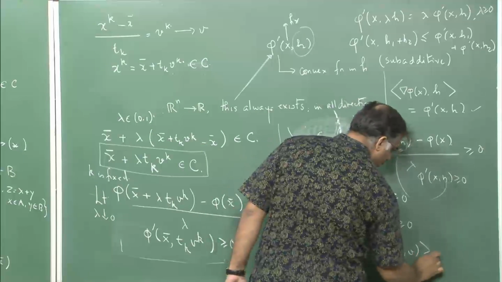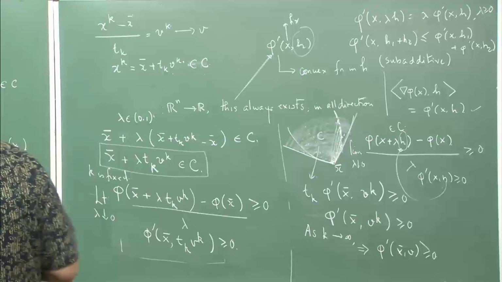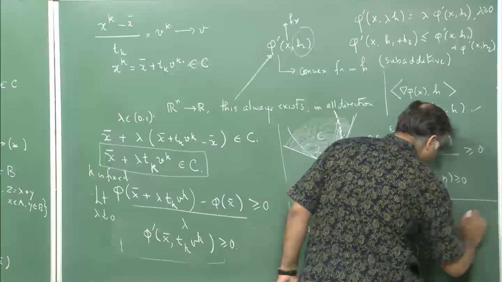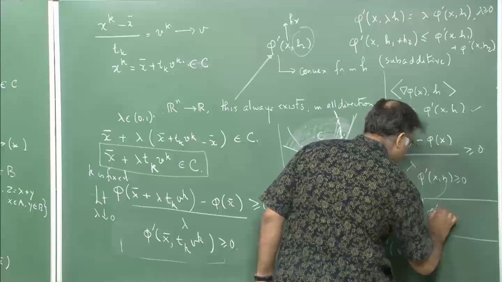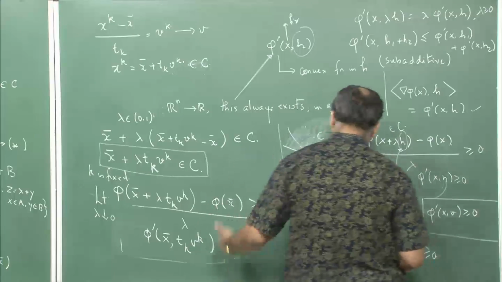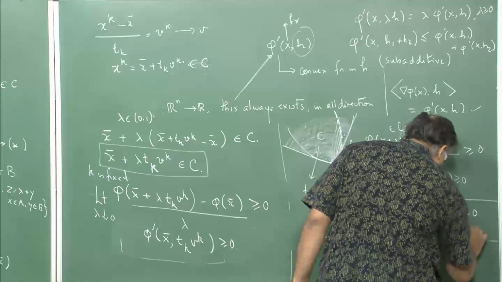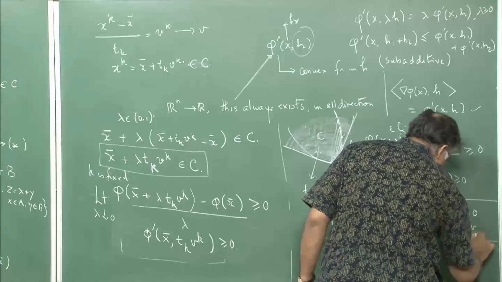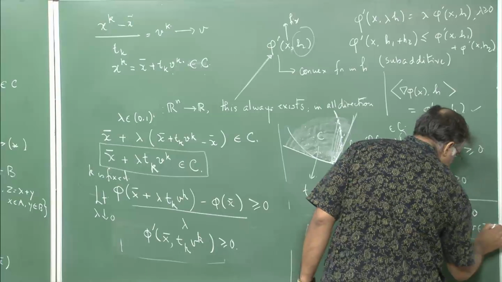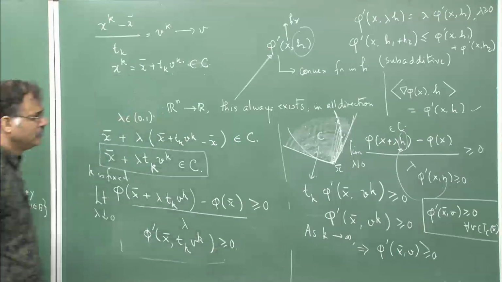But this v was just one of the members of the tangent cone. If I take any other member, I can repeat the same argument to give the following fundamental necessary and sufficient optimality condition. This is necessary as well as sufficient. Why it is sufficient is still a little bit of a story, which I will not tell you right now. This is what you have.